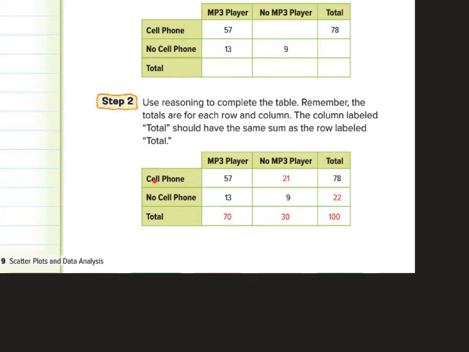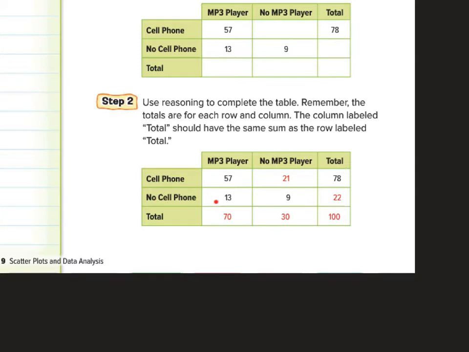So if I have 78 students that have cell phones, and 57 of them have MP3 players and cell phone, how many of those with cell phones do not have MP3 players? Well, you find the difference between the two. When you find the difference, you get the ones that have a cell phone but no MP3 player, which is 21.